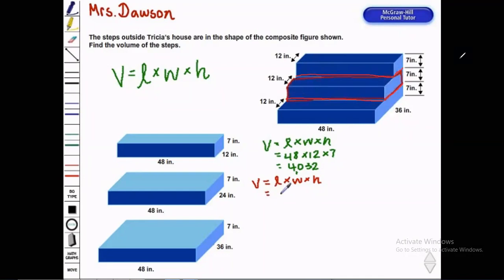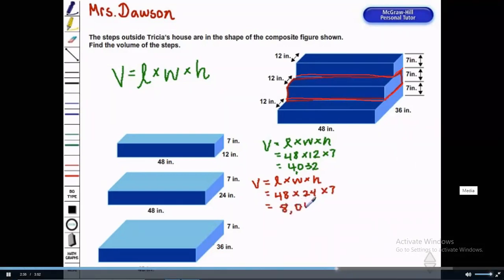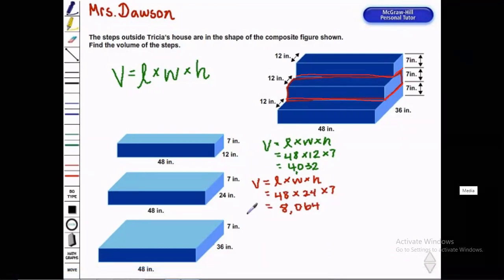Our dimensions are 48 by 24 by 7. The only difference is that 12 times 2 gives us 24, so our answer is going to be exactly double: 8,064 for the volume of the middle step.